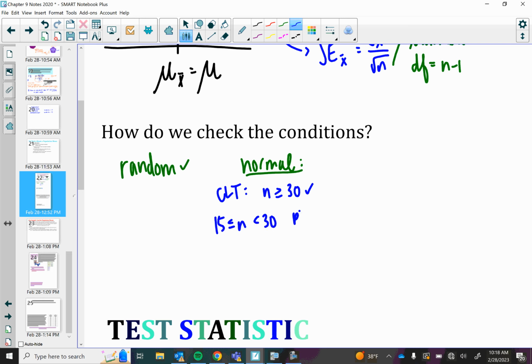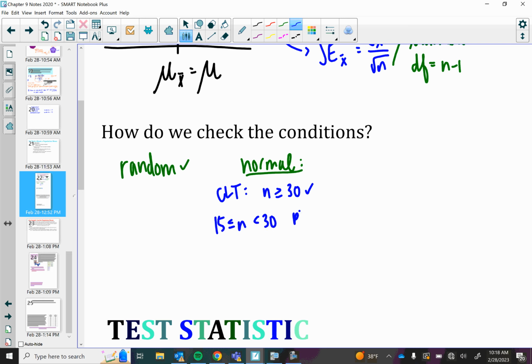So let's talk about that test statistic. A test statistic, as we have seen before, tells us how far our statistic is from our null hypothesis, in this case mu sub 0.